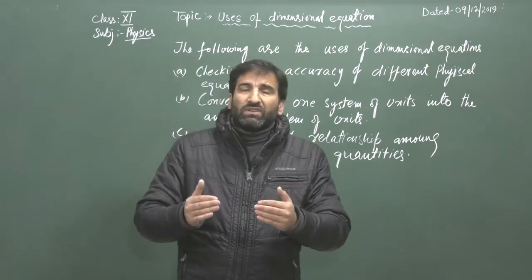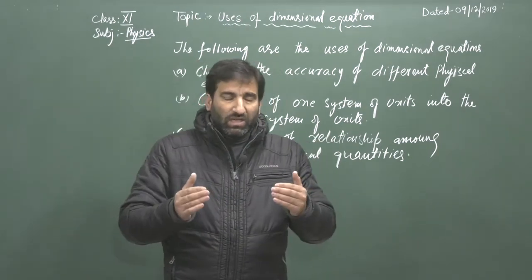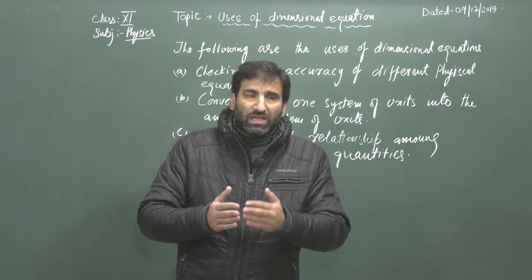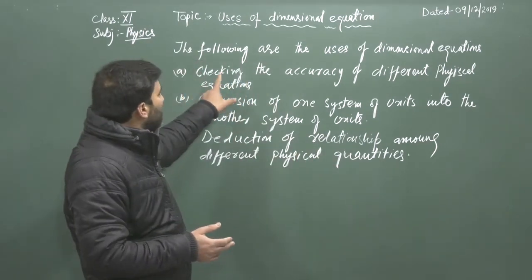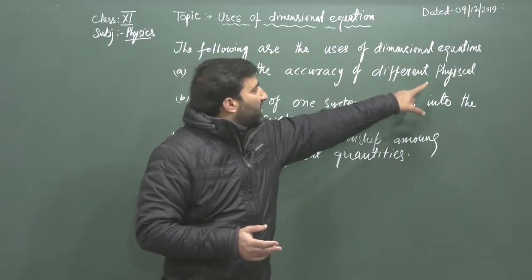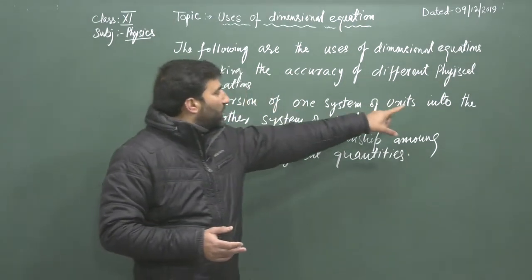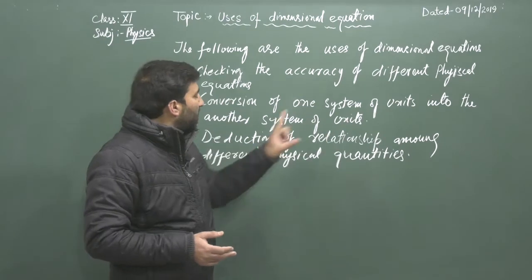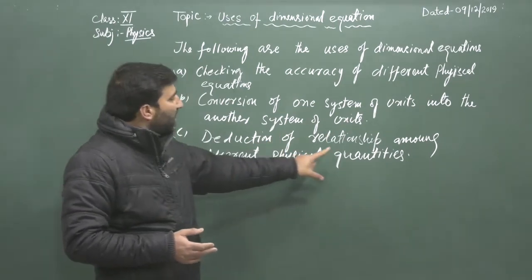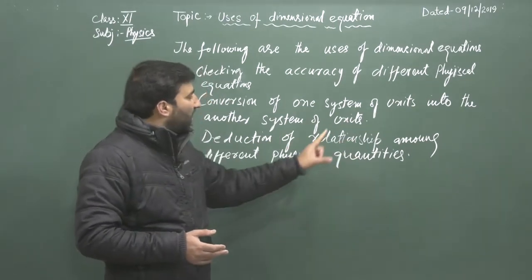So there are mainly 3 uses: checking the accuracy of physical relations, conversion of one system of units into another, and deduction of relationships among different physical quantities.